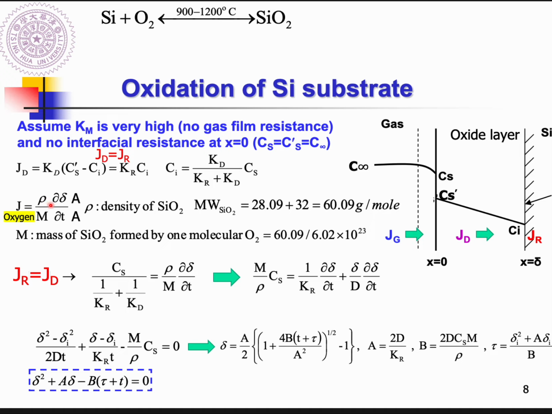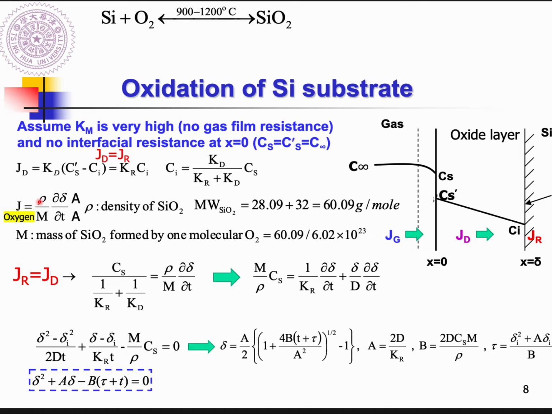So what I'm going to do here: delta times A, where A is the area of the silicon substrate, times the increase in thickness of silicon dioxide, is the increased volume of the silicon dioxide. You times the density of the silicon dioxide, you get the increased weight, or generation weight, of silicon dioxide.